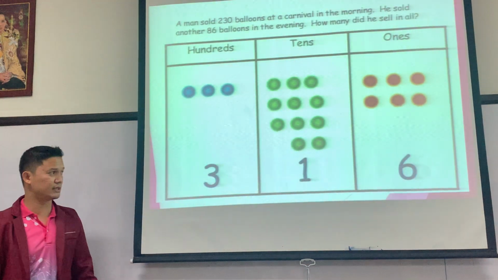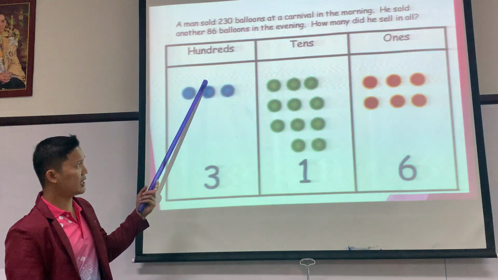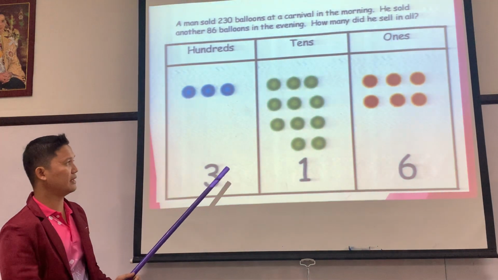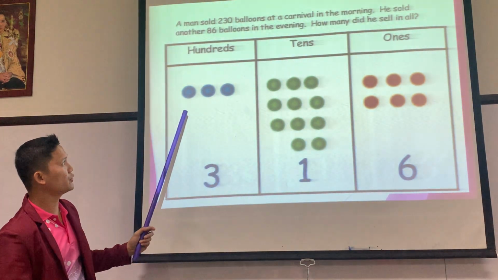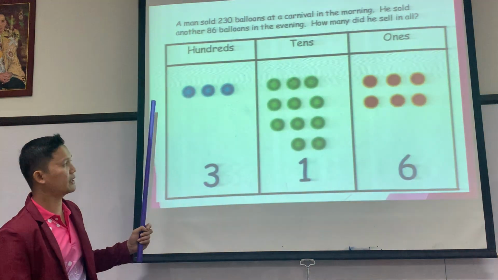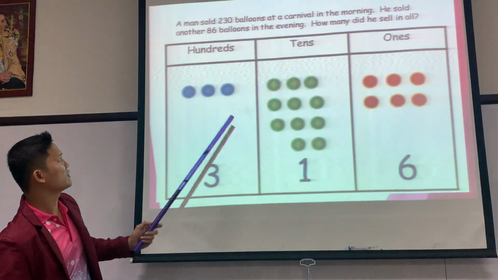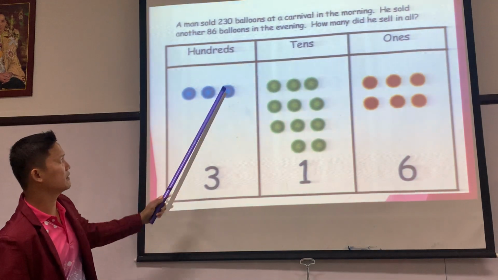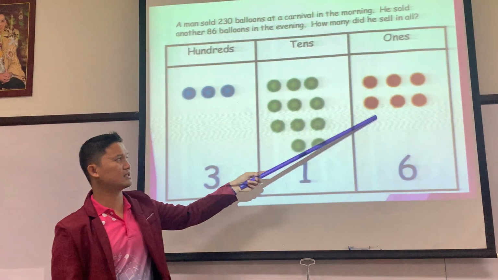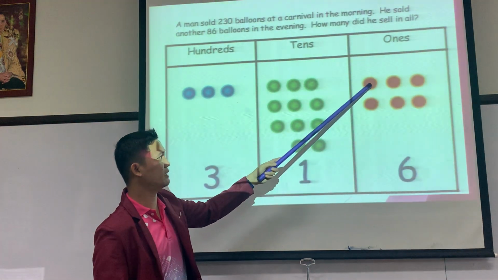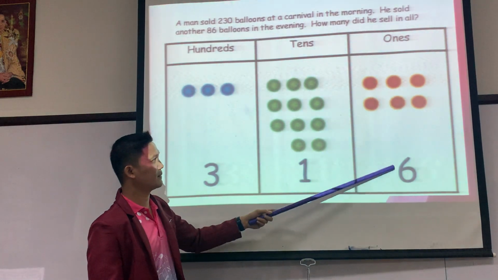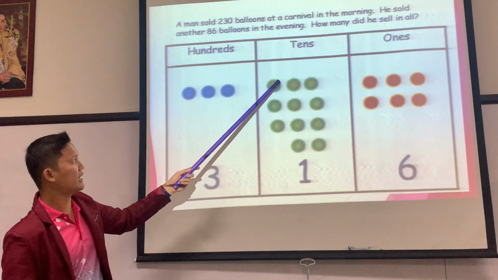Okay, so like this. The chart shows you where the numbers belong. So here we have hundreds, tens, then ones. How many ones? There are 6 ones. Okay, how many tens?